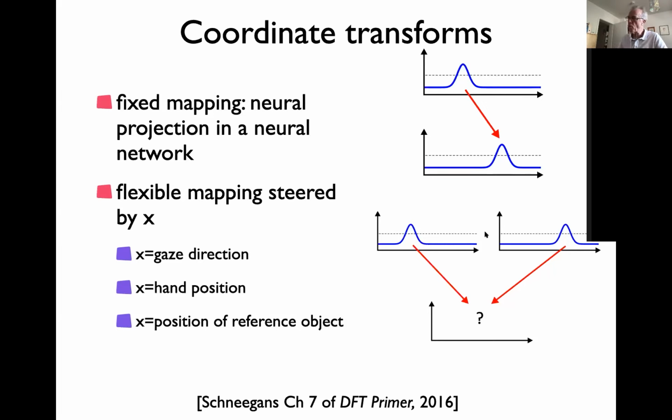But a coordinate transform is something a little bit more complex, because it is a mapping that depends on some other thing. We call that steered. So for instance, the mapping from the retina to the body frame depends on where your gaze is. Or the mapping from your body space into the hand center space depends on your hand position. Or the mapping from the visual array to the object-centered array depends on the position in the visual array of the reference object.